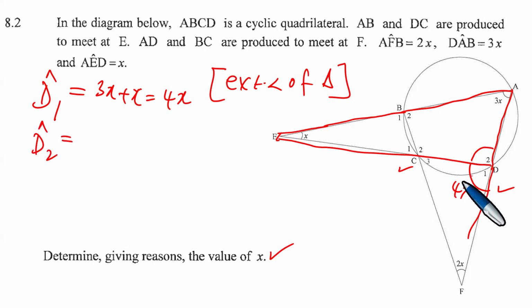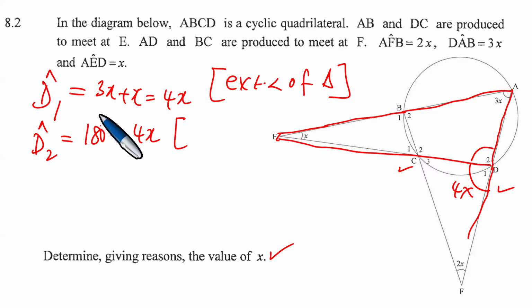So the angle D2, which is this one, is what? If you are dealing with the angles in this particular triangle, then you have 180 degrees minus these two angles here, which is 180 degrees minus 4x. To get the third angle, you can just say 180 degrees minus the other two angles.